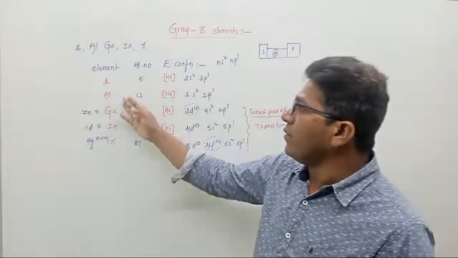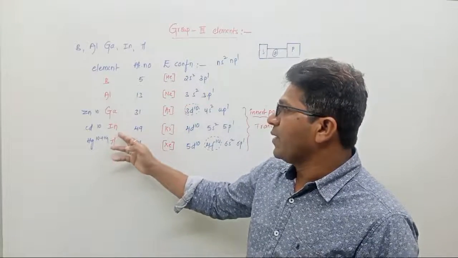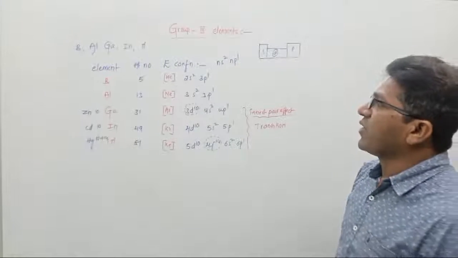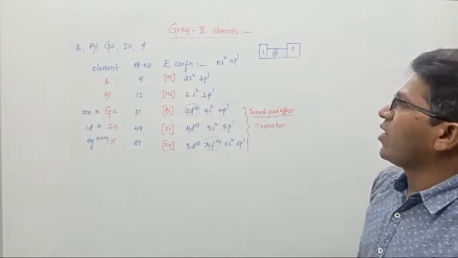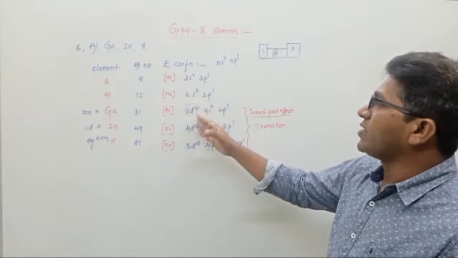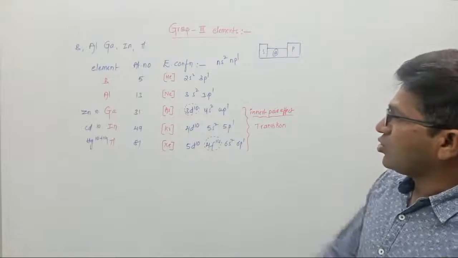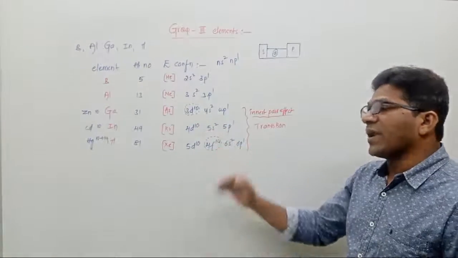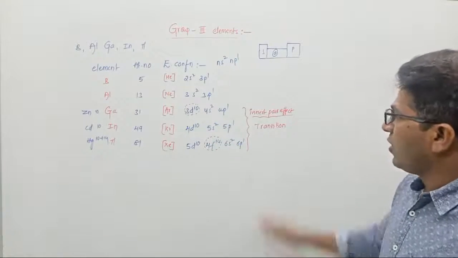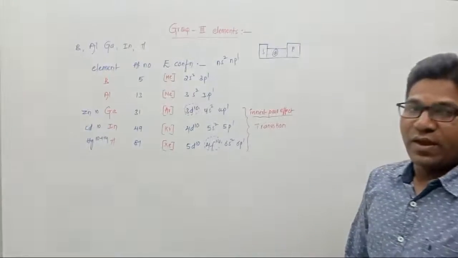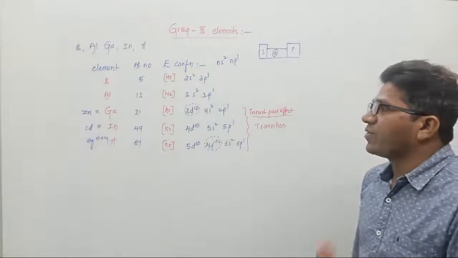See here, extra what is that? d10 electrons and extra f14 electrons. So due to these d and f14 electrons, they show inert pair effect or transition effect. So copy this one.